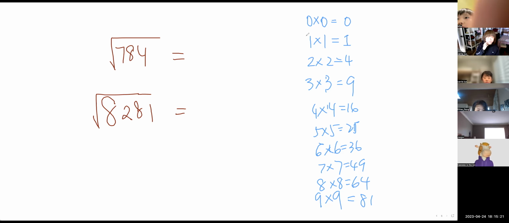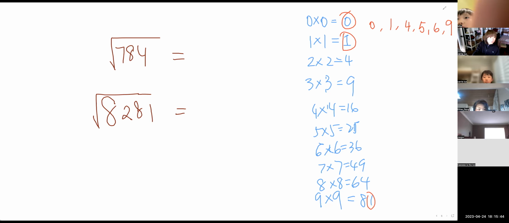Six. Okay, very good. So they're all together. So the last digits are 0, 1, 4, 5, 6, and 9, and that's it.